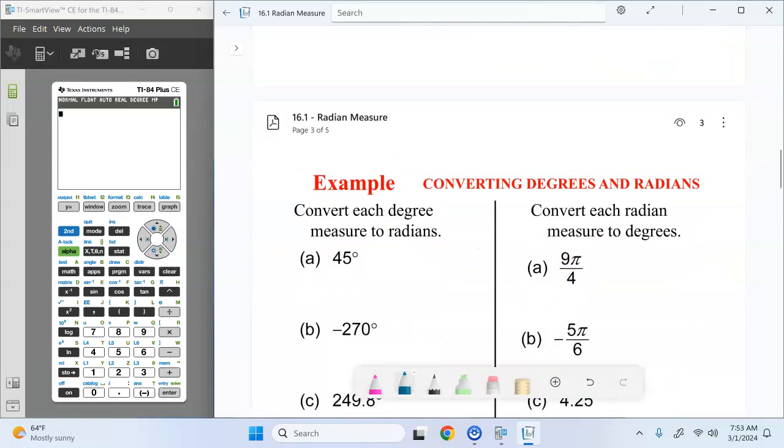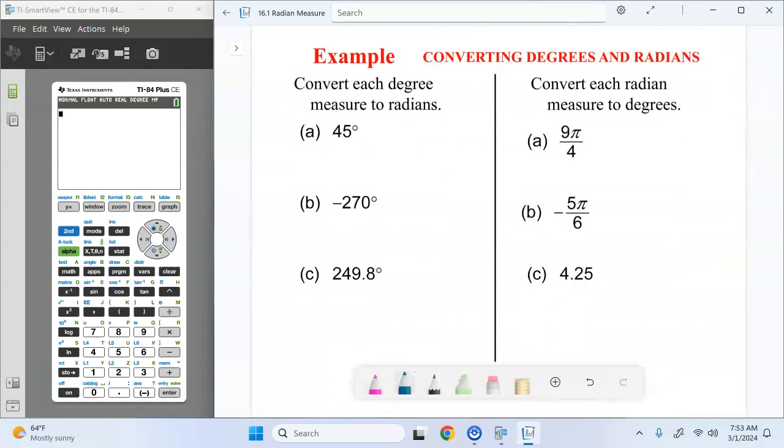So let's do some conversions. Degrees to radians. Whenever I'm converting degrees to radians, I want to use the factor where radians is on top. So I'm going to take 45 degrees, and we're going to do a little bit of dimensional analysis, unit conversion, whatever you want to call it, and multiply by our conversion factor.